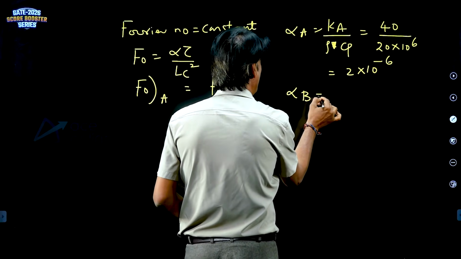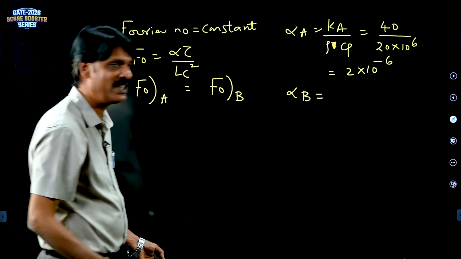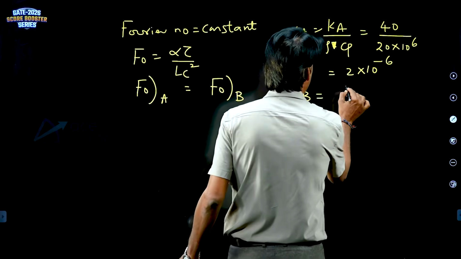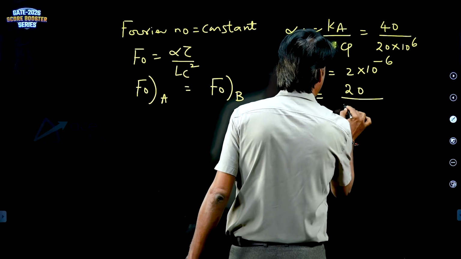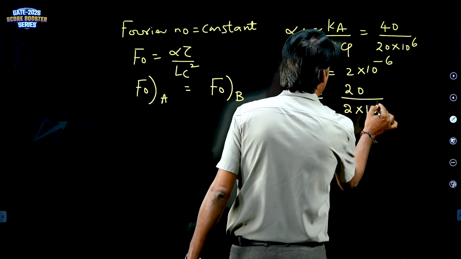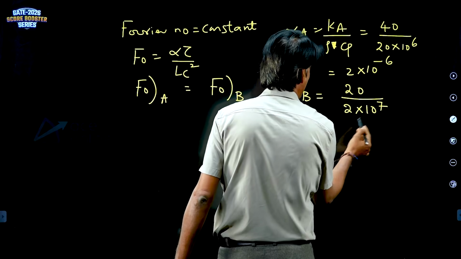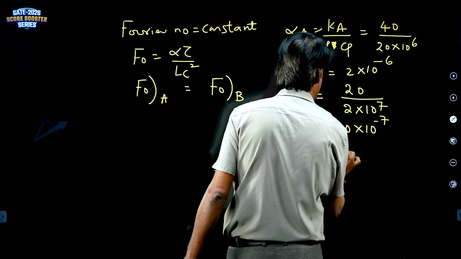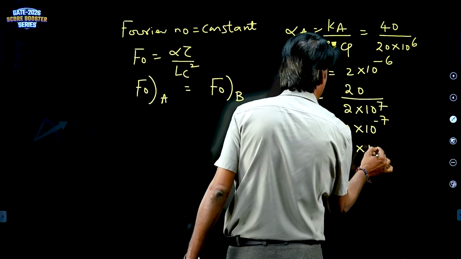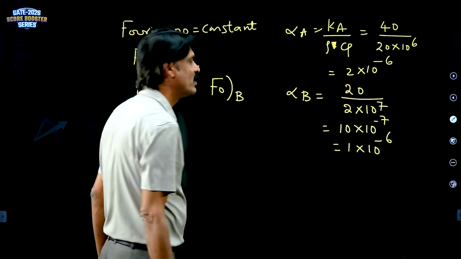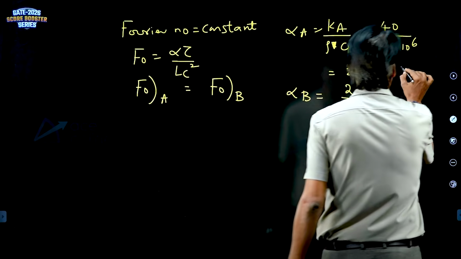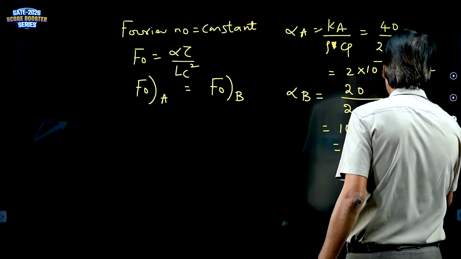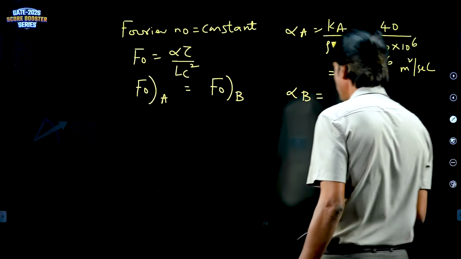Thermal diffusivity of shaft B, if you are writing it, K is 20, so 20 divided by 2 into 10 to the power of 7. So this becomes 10 into 10 to the power of minus 7, 1 into 10 power minus 6 meters square per second. Diffusivity, meters square per second.